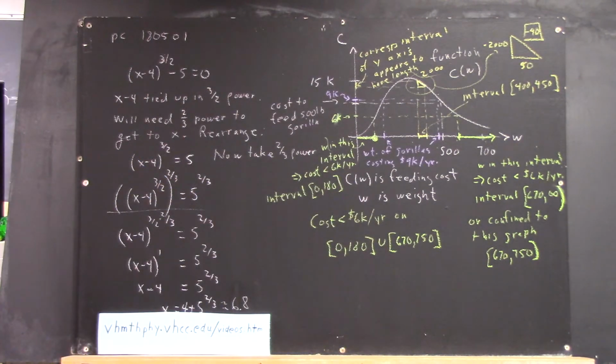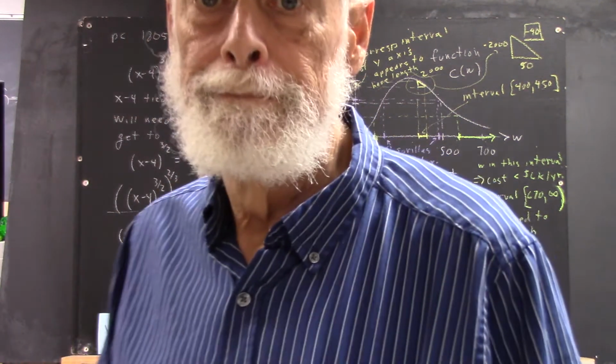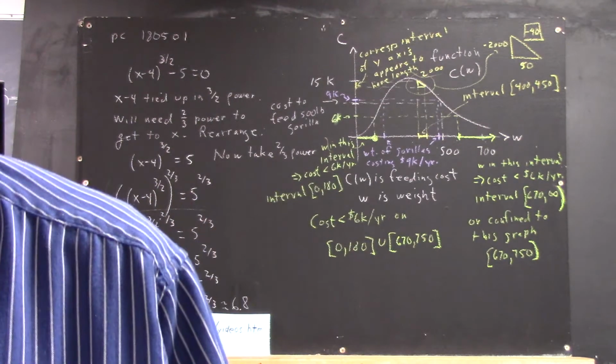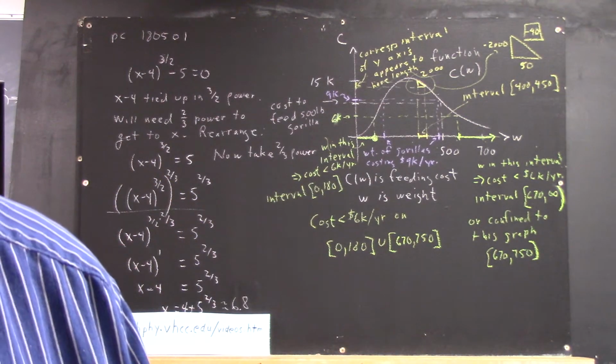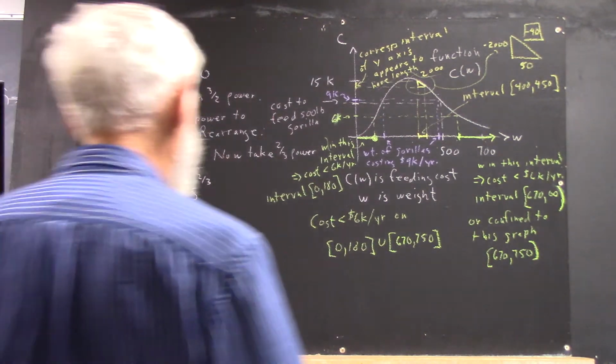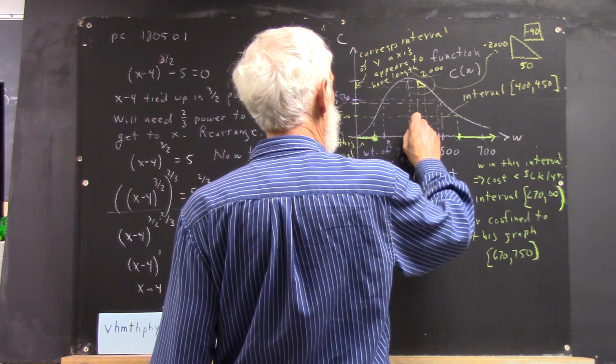So, what's the weight of the gorilla that costs the most to feed? It's about, around 212. Yeah, that one's pretty easy, right? Somewhere in that general vicinity. According to my graph, 208 maybe.